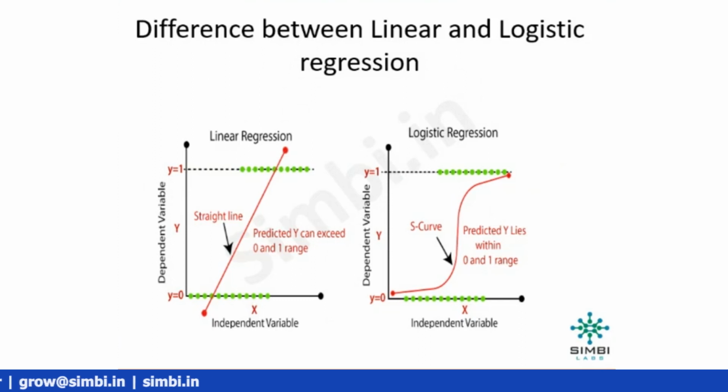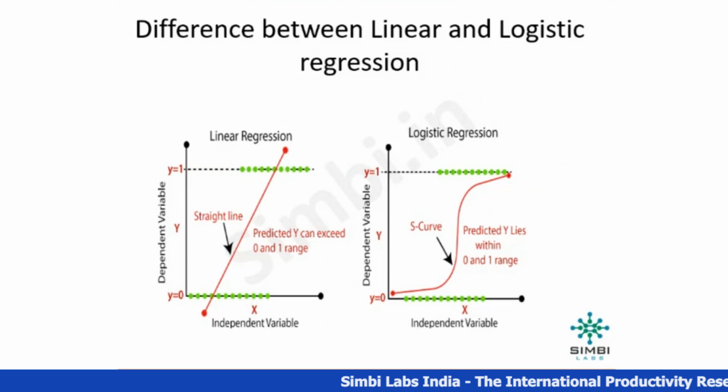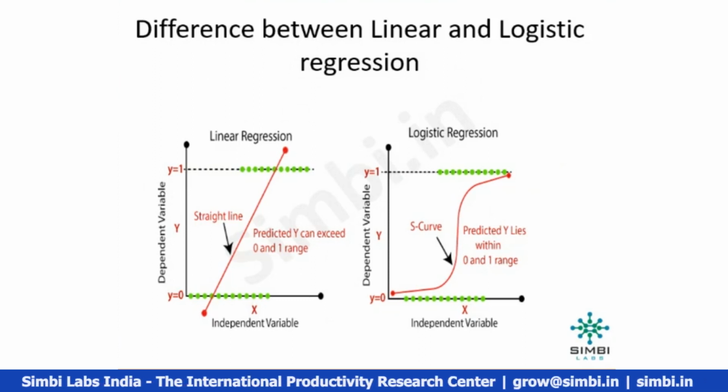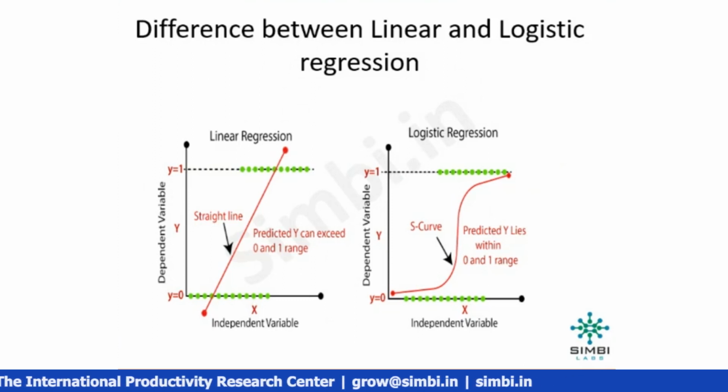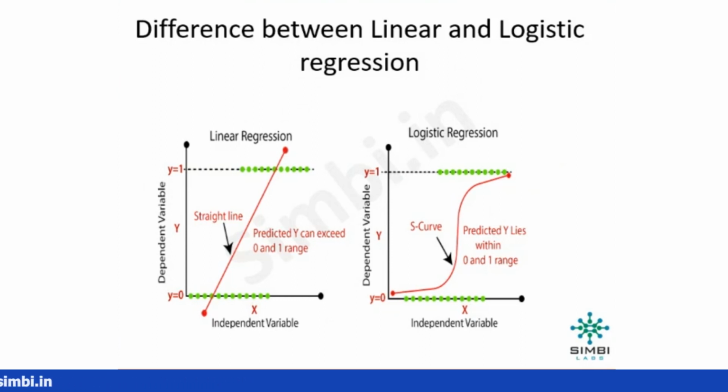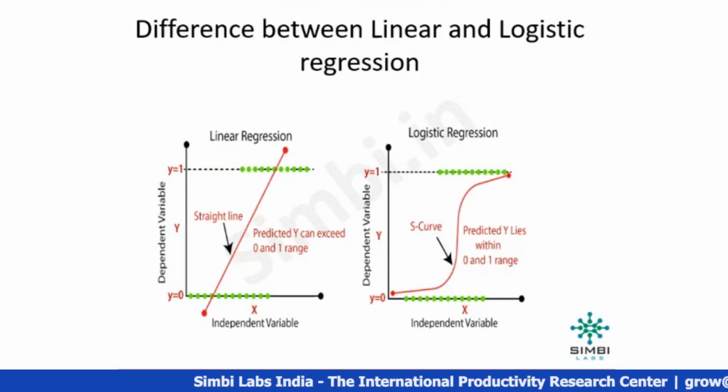The next one is logistic regression. It is also one type of regression analysis. In logistic regression, we can analyze data sets in which there are one or more independent variables that determine the outcome of a categorical dependent variable.